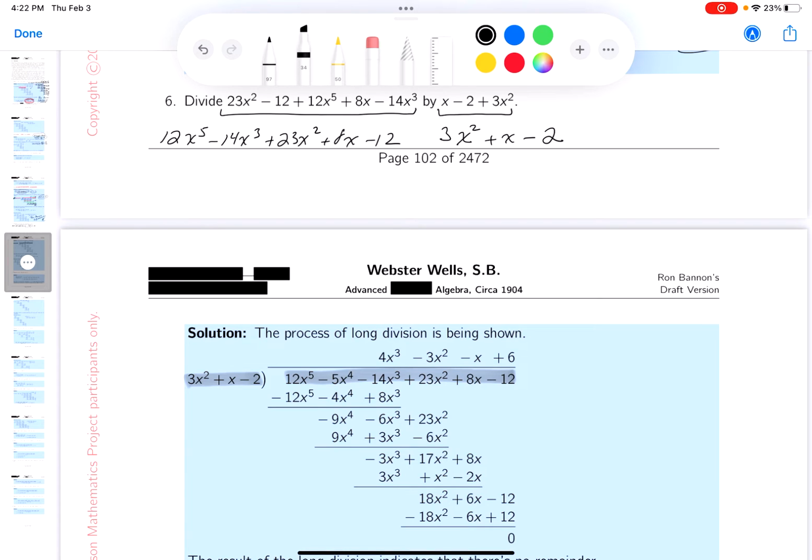You know what? I need to make a correction. And let me just see where the correction is. 12x^5, got that. I think I'm missing a 5x^4 somewhere. And do I see that there? No. Do I see the minus 14x cubed, 23x squared, plus 8x minus 12?